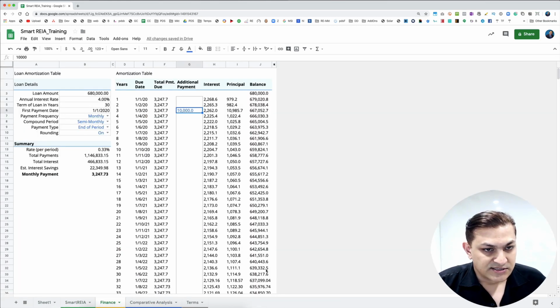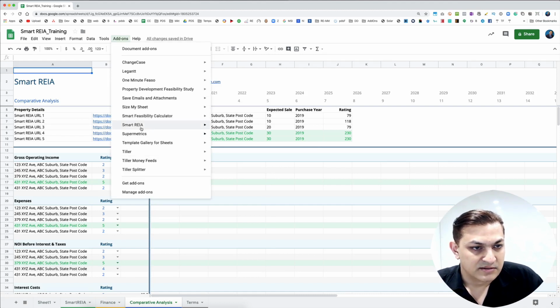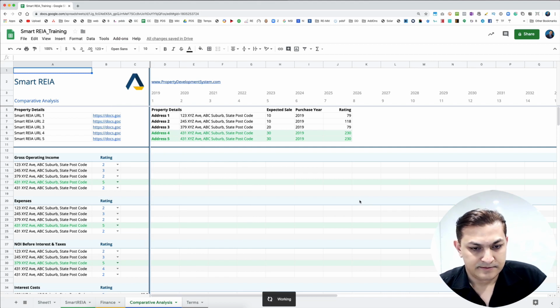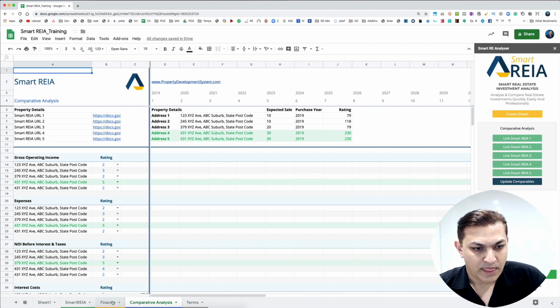There are finance calculations in it that you can do, and they get updated in the smart real estate investment analysis. And there is a comparative analysis. What that is, if I open the add-on, the smart RIA add-on, and there is comparative analysis. What is that?